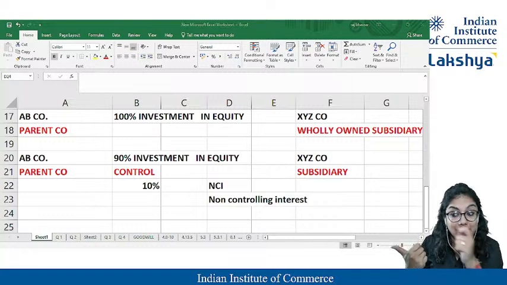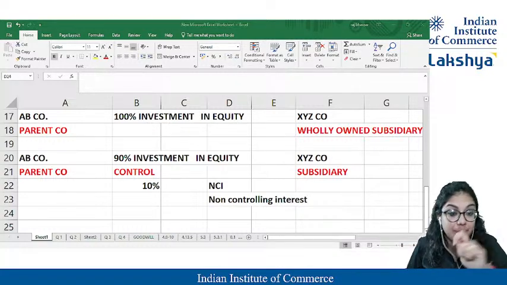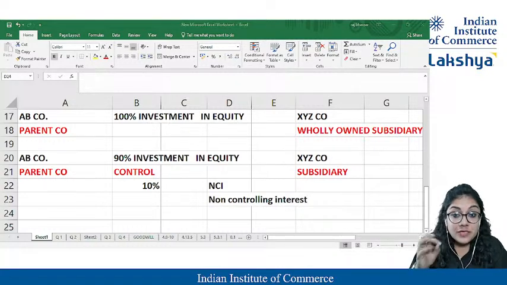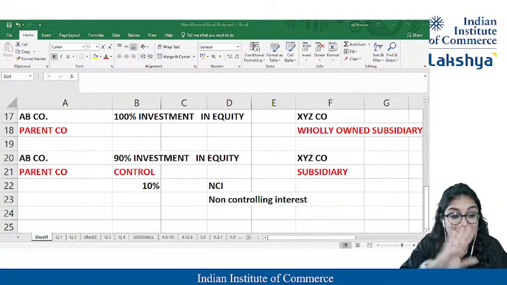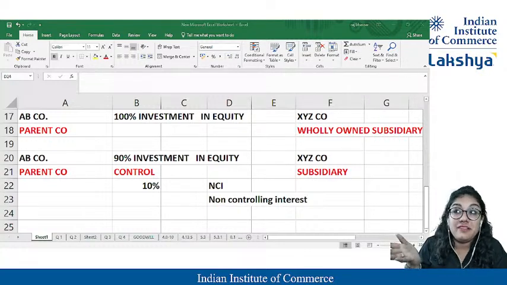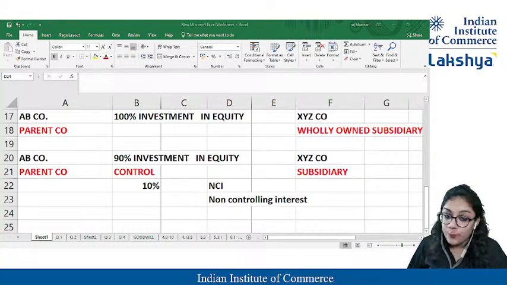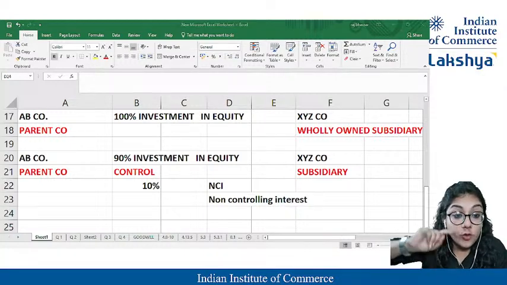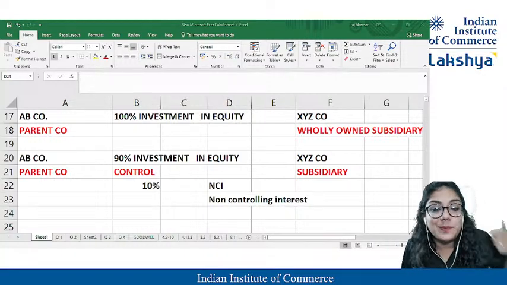If everything is in the hands of the KMP, even that will be known as a parent. So just more than 51% is not enough to term it as parent. Instead of having more than 51%, somebody else could be the parent.